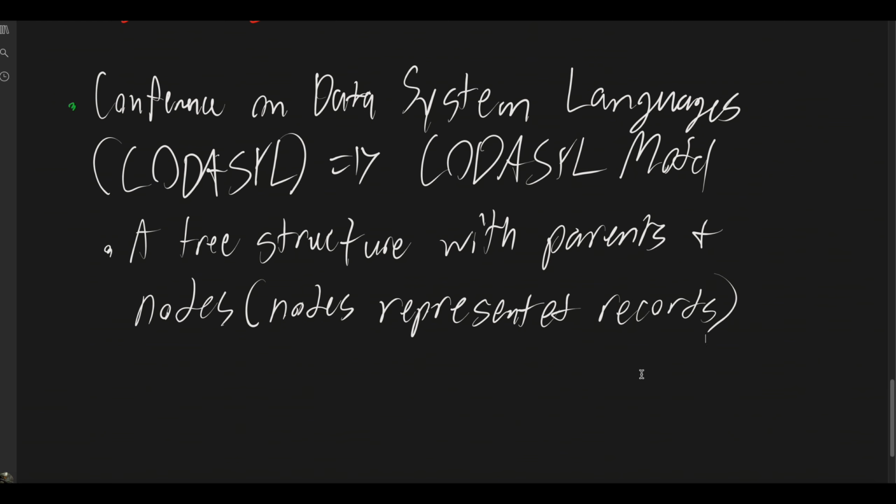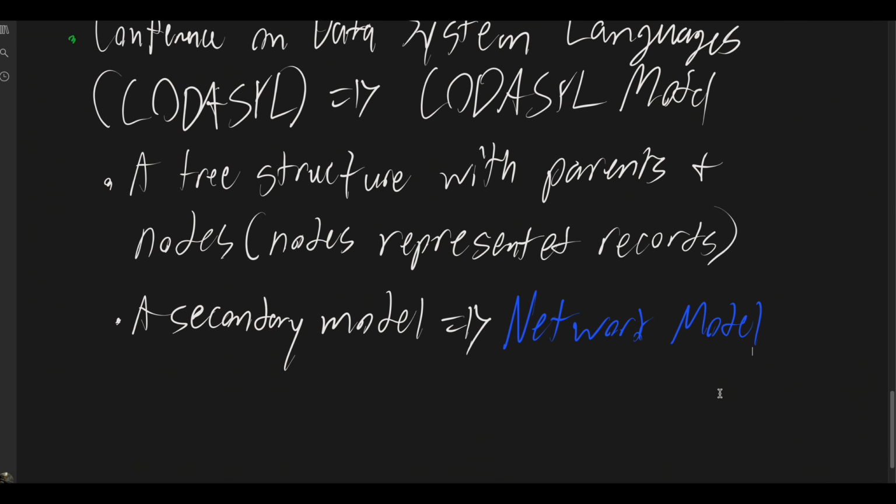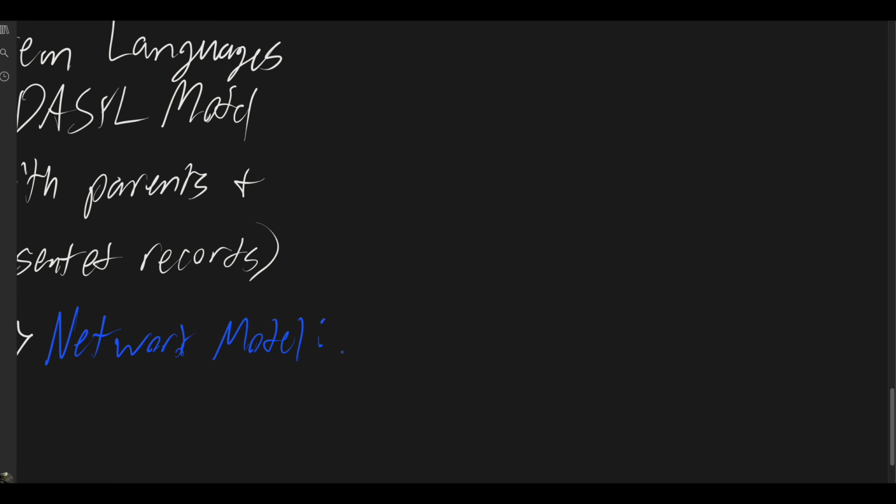In the network model, as the CODASYL model was also known, a record could have multiple parents.